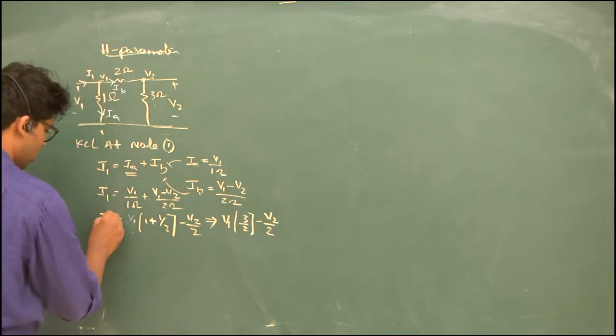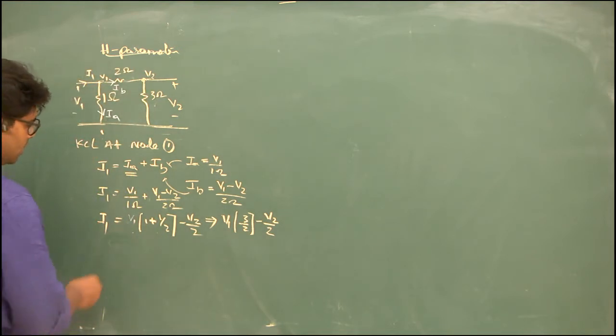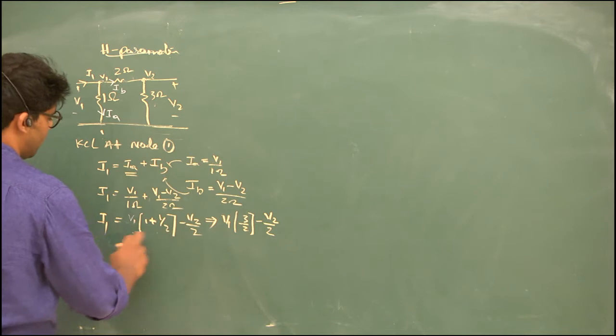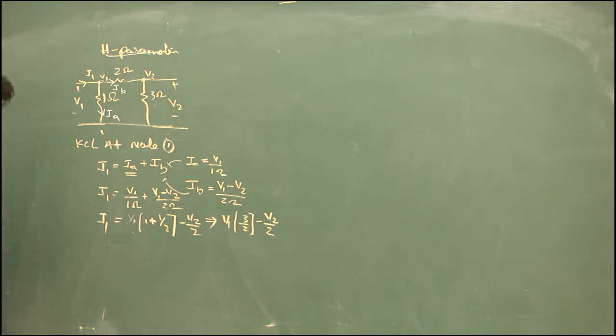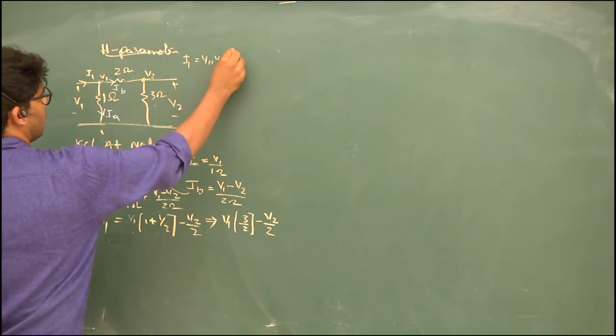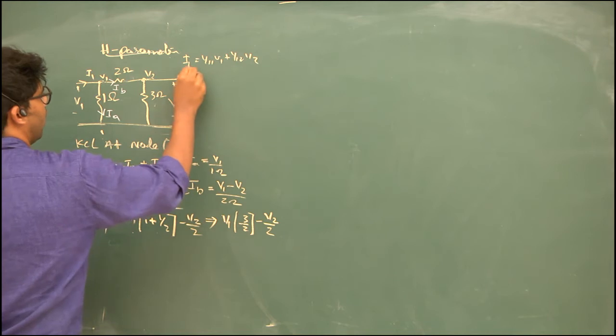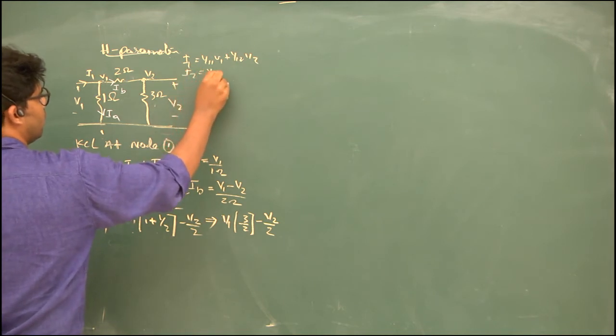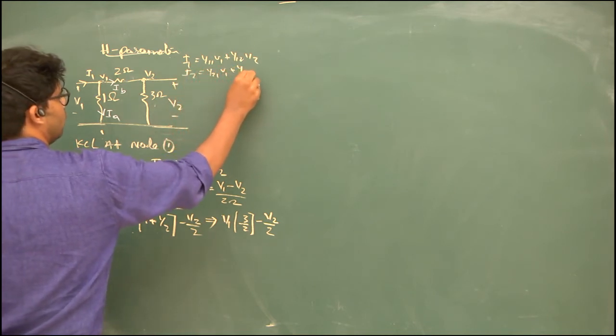This is I1, the Y parameter equation. Y parameters we have I1 equal to Y11 V1 plus Y12 V2 and I2 equal to Y21 V1 plus Y22 V2.